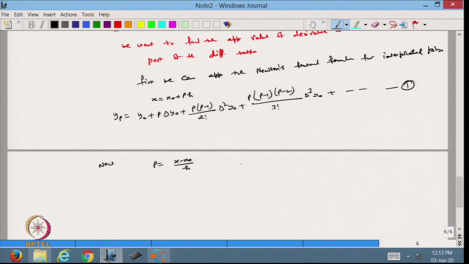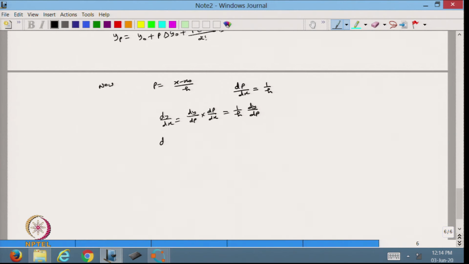From here I can find the derivative dp by dx, which will be 1 by h. Now, I can find dy by dx. I can find dy by dp, because y contains this p, and this will be multiplied by dp by dx, and dp by dx is 1 by h. So, I can write 1 by h dy by dp. This y is a function of p, so I can take the derivative of this.